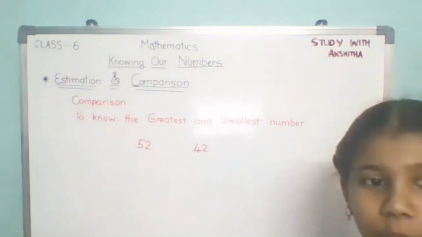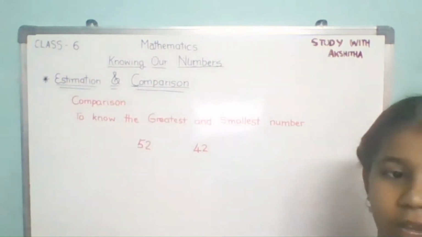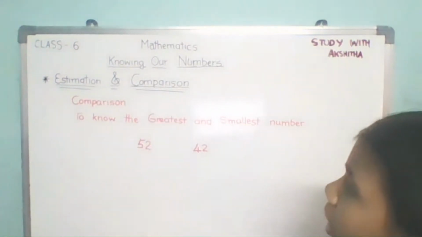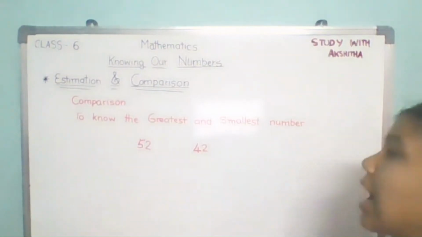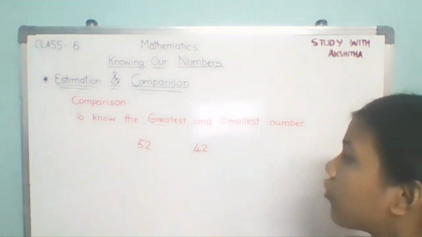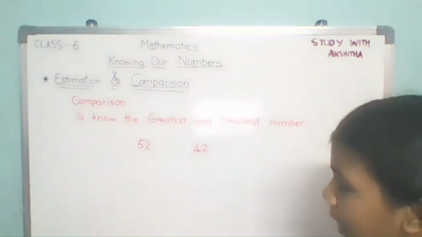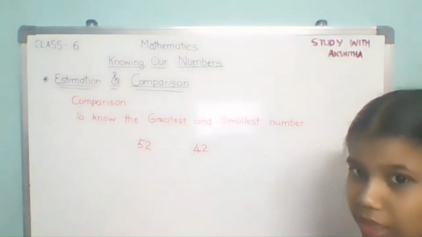Next, let us move on to some higher numbers or the numbers having more digits. So there are few steps to know which is the greatest and smallest number while comparing numbers. Firstly, to compare numbers, we need to check the number of digits in them.